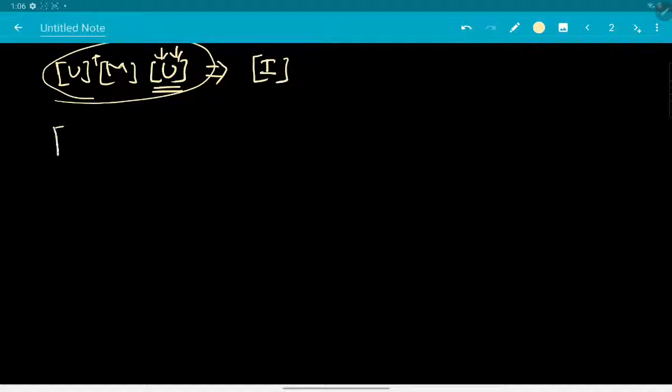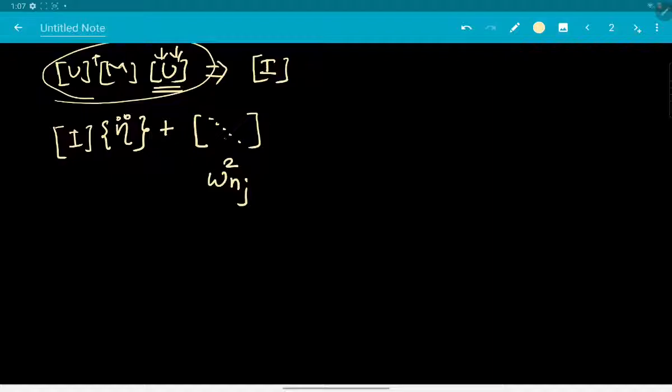So your final equation will be like this: identity matrix times eta double dot plus a diagonal matrix where the diagonal values will be omega nz square, that is the zth natural frequency squared.